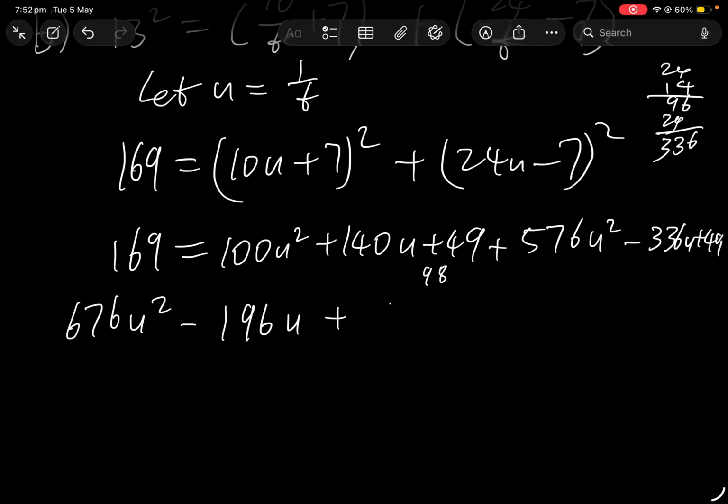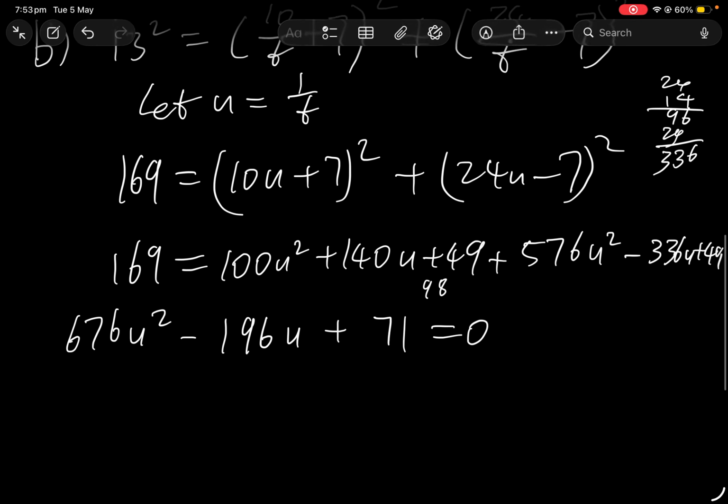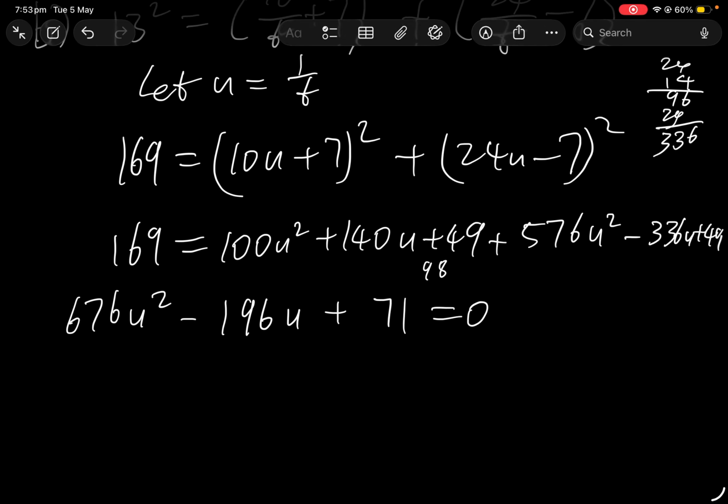So it becomes 676u squared minus 196u plus 71 equals 0. Yep.